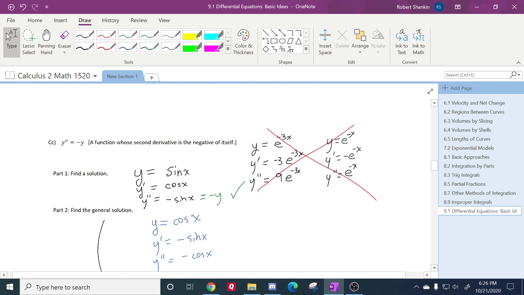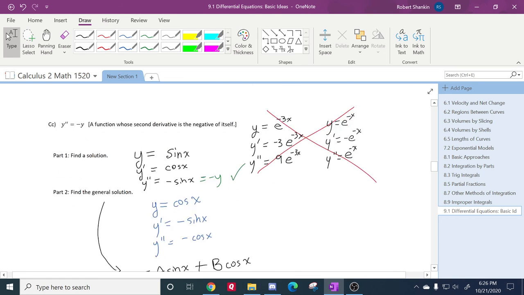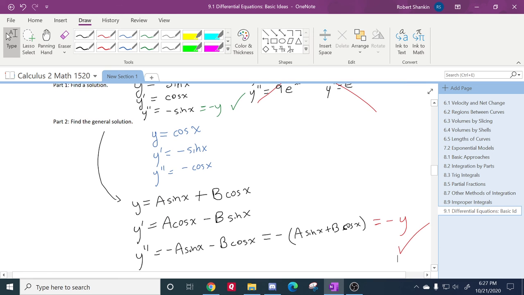If the highest derivative is 2, second derivative, second order differential equation, you're going to get 2 arbitrary constants. And if it's a third degree differential equation, y prime prime prime, you'd get 3 arbitrary constants, and so on. The number of arbitrary constants is going to be the same as the order or the highest derivative in your differential equation.